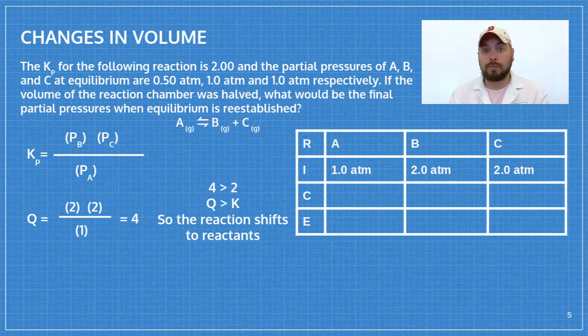4 is greater than 2. That was my original K value. Because Q is greater than K, we shift towards our reactants.